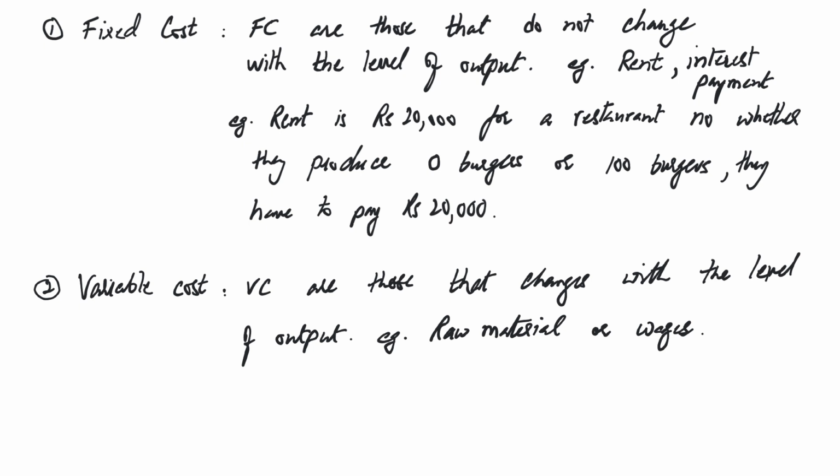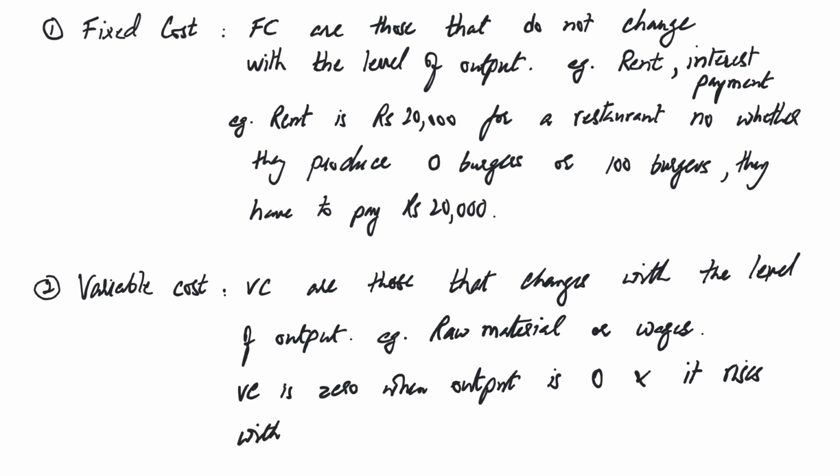Usually variable cost is zero when output is zero, and it rises with the level of output.